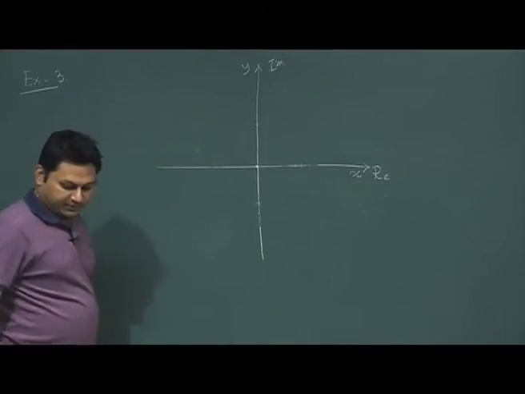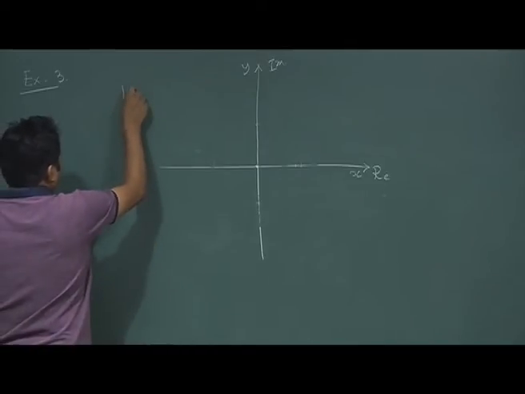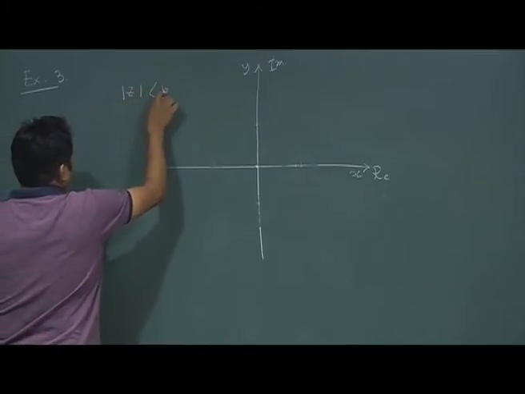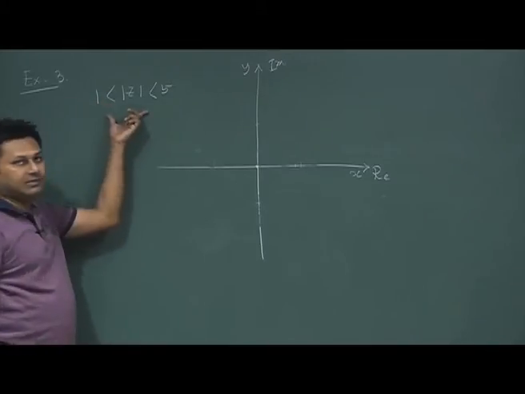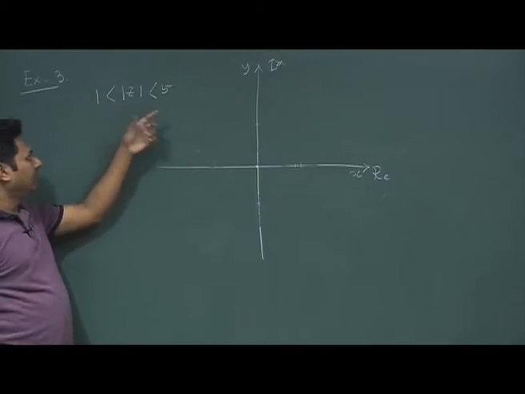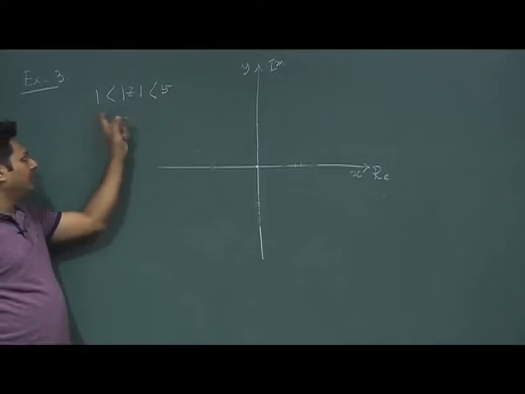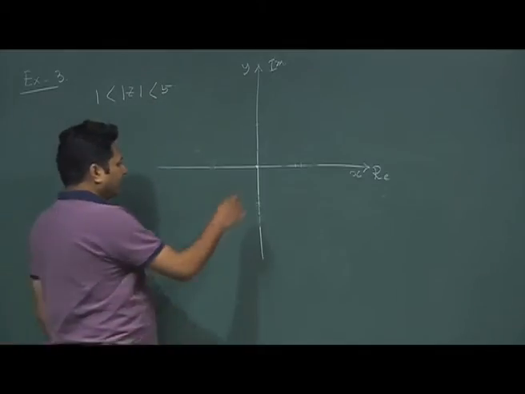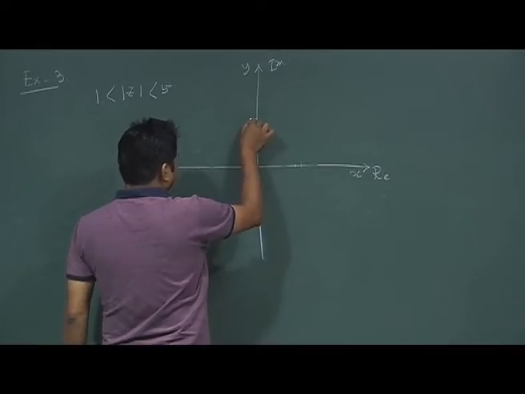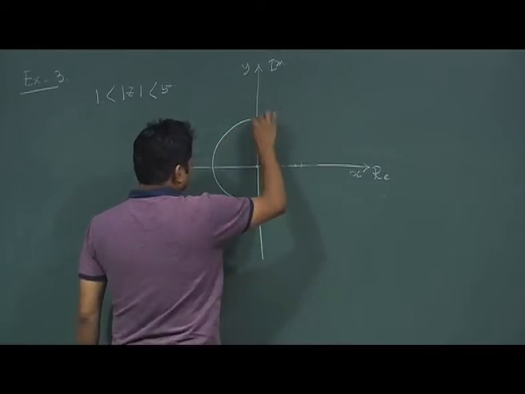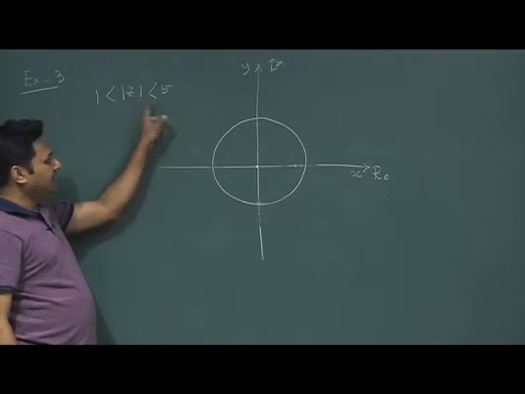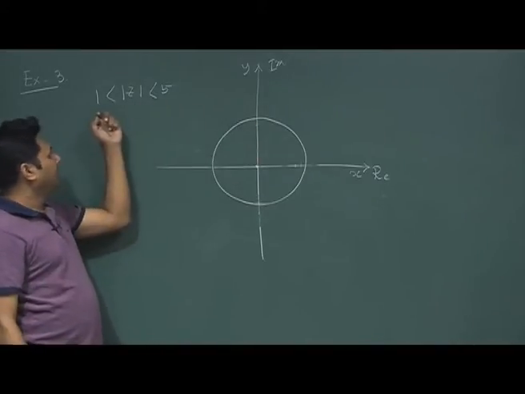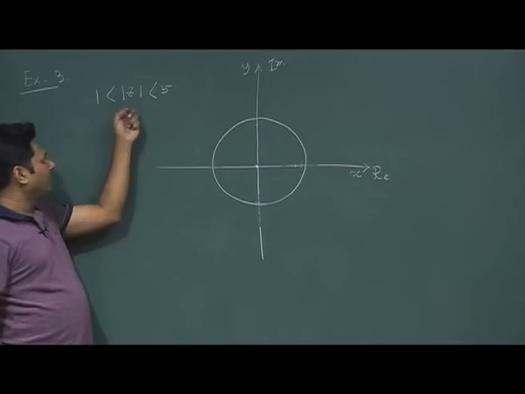What about this one? Mod of z less than 5 and greater than 1. This is an interesting region. Why? Because two conditions are imposed on z. So that means I should have again a circle of radius 5. z is less than 5, so all the points inside, but another thing is there, that means mod of z is greater than 1.